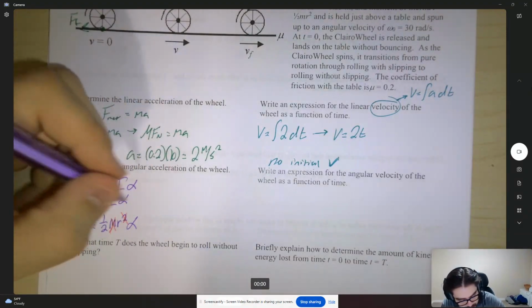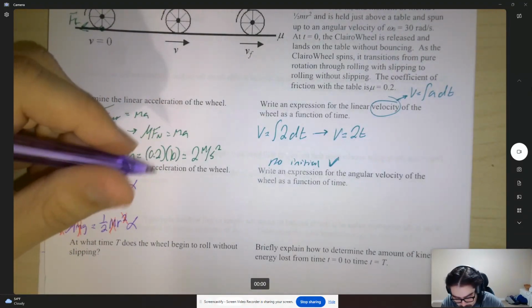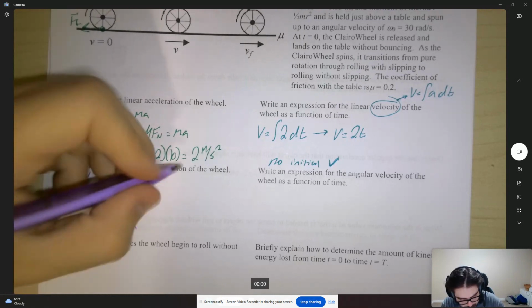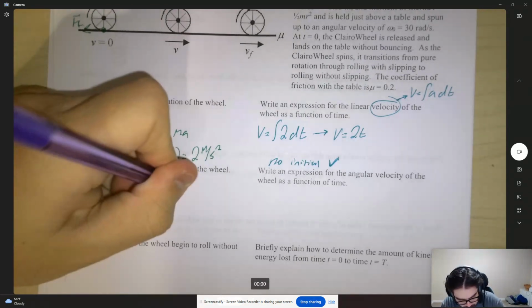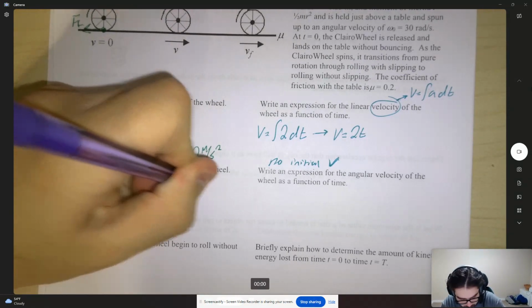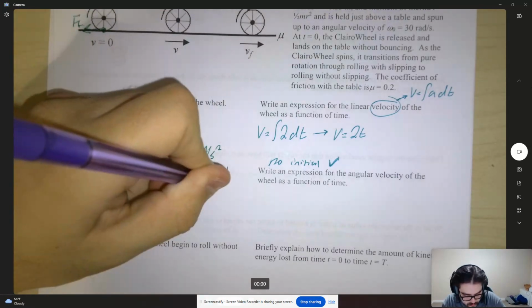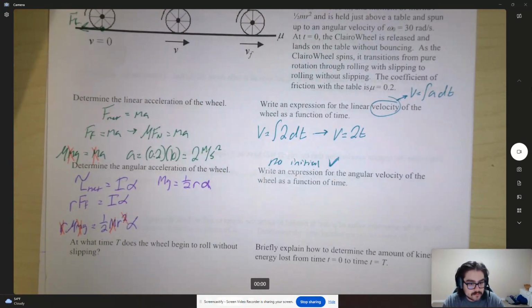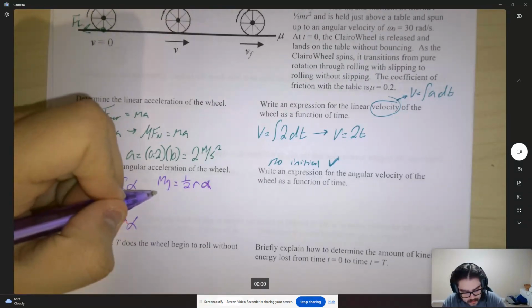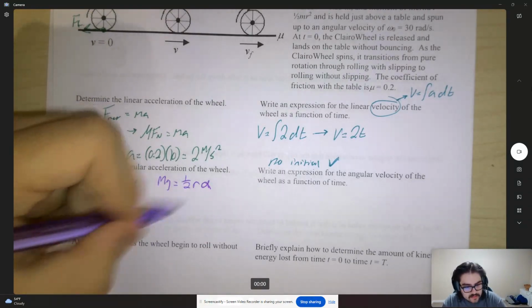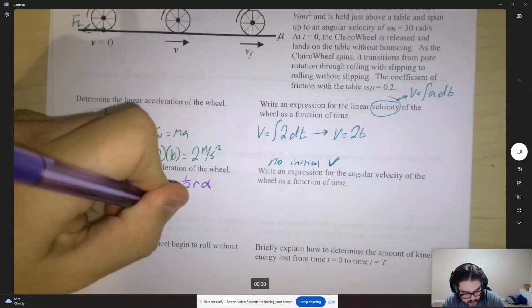I end up getting that mu g equals 1/2 r alpha. Then I just plug everything in here. So alpha is 2 mu g divided by r.